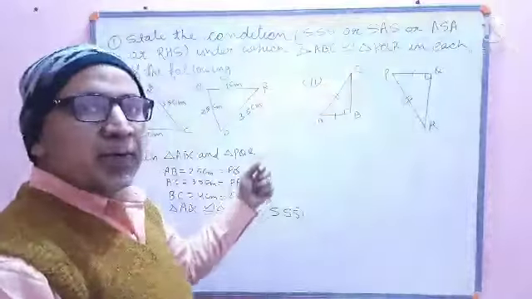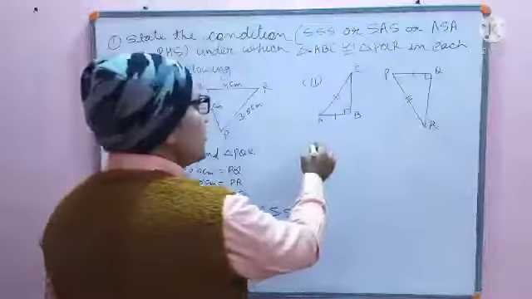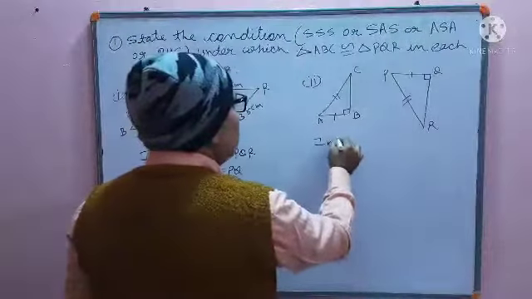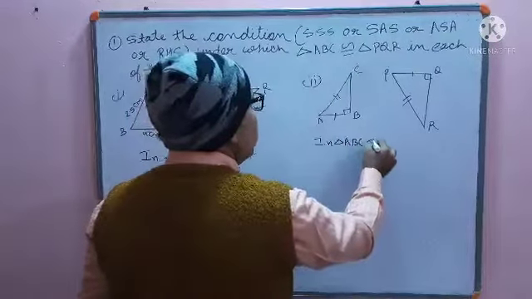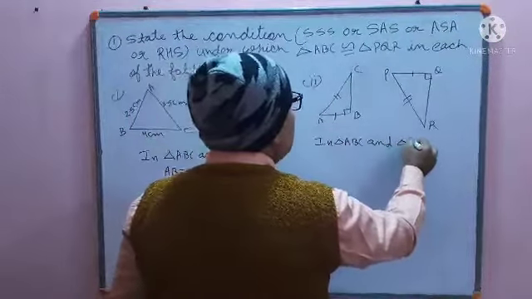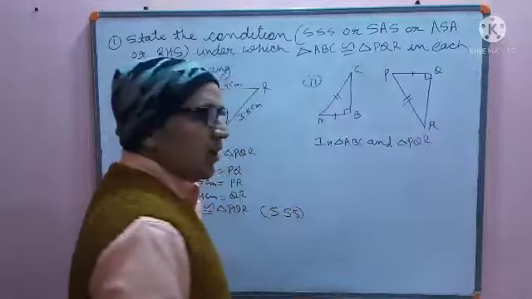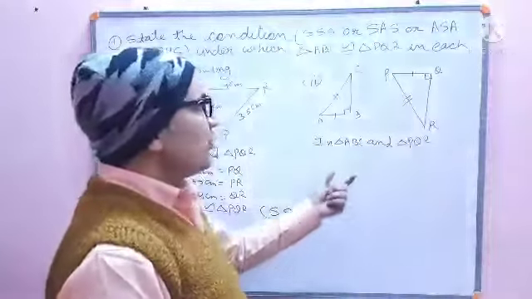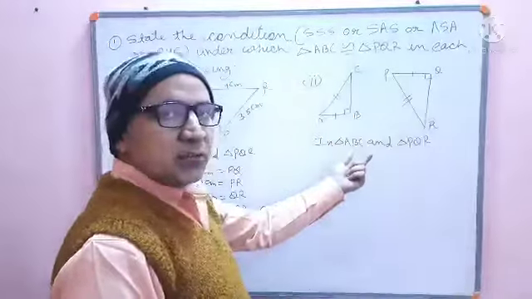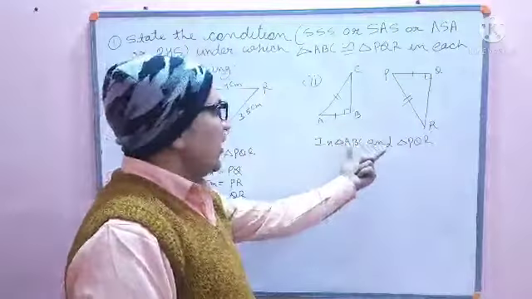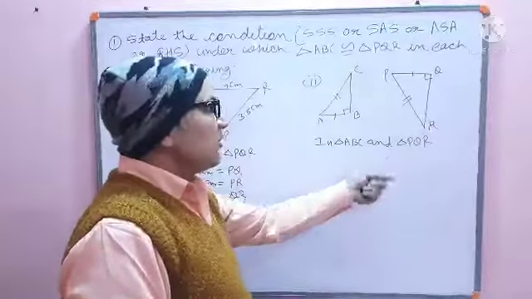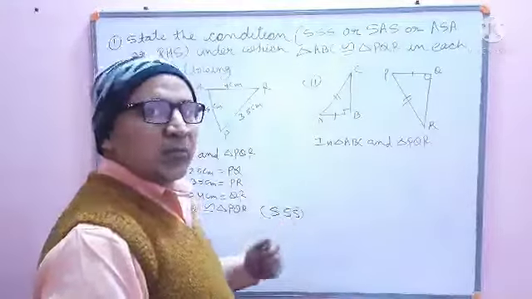Now see the second part. In the second question, again triangle ABC and triangle PQR. You have to tell by which criteria these two triangles are congruent. So you have written the name of the triangles. Now write down all the given points.